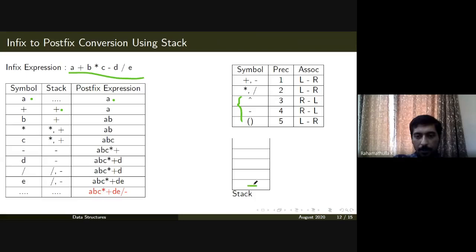So there will be a plus in the stack. Next you got an operand b. You send it to postfix expression. So in your postfix expression, what we have right now is a and b, and on top of the stack you have plus.